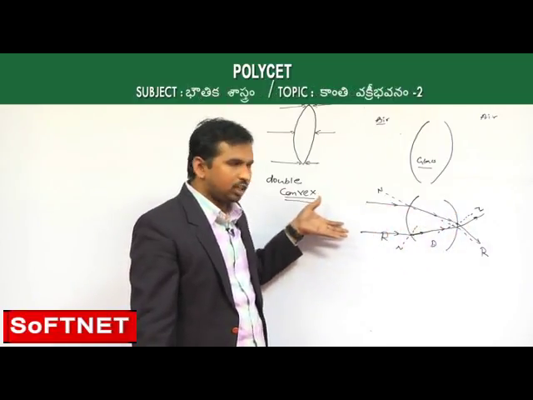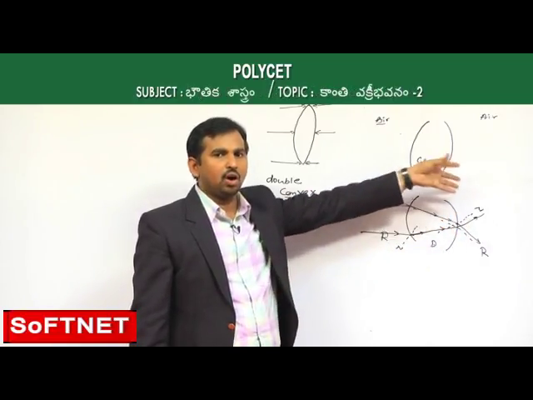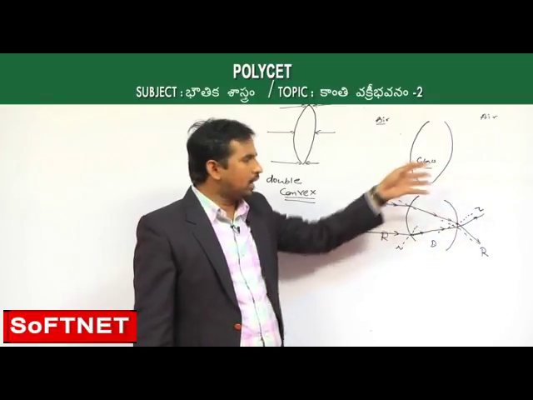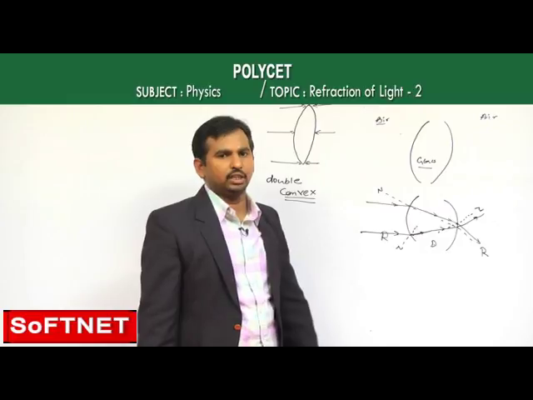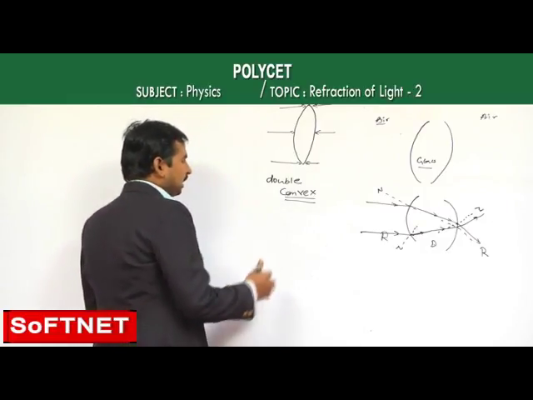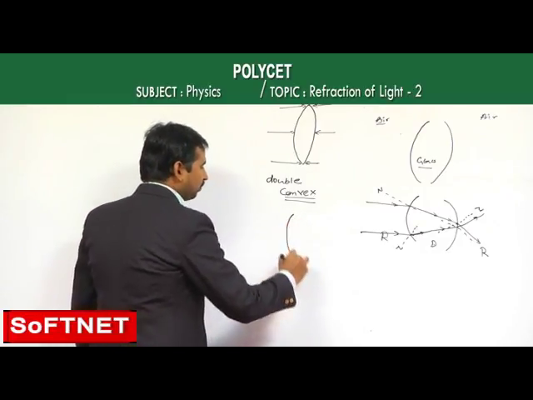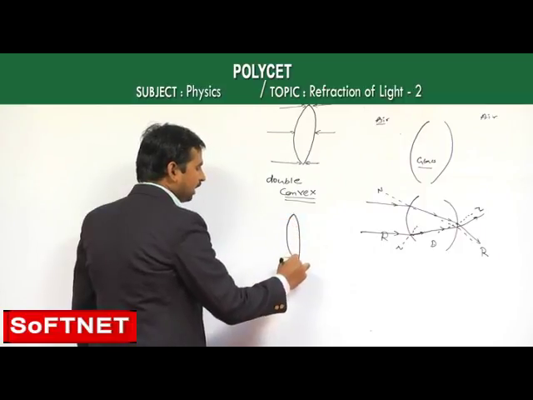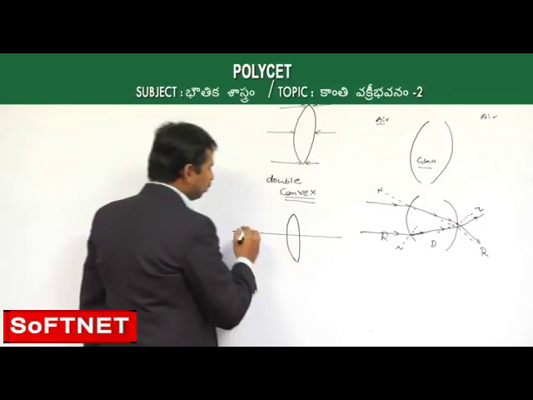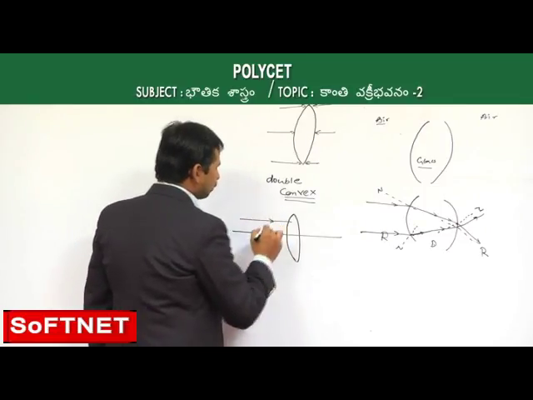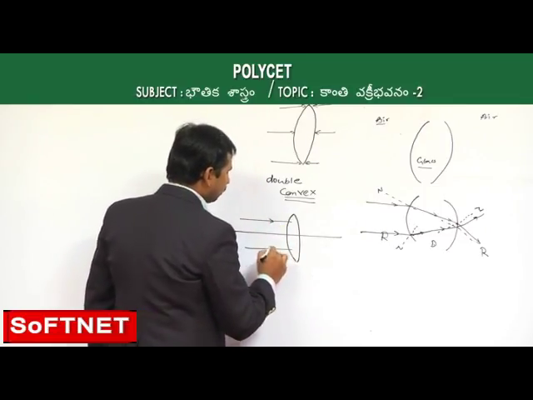So whenever you are taking a parallel beam of light rays onto a convex lens, after refraction the light rays are going to meet at a point. This only we call as the converging nature of the convex lens. If you draw the diagram combined here like this, I am taking two light rays, one starting from the top, one from the bottom.